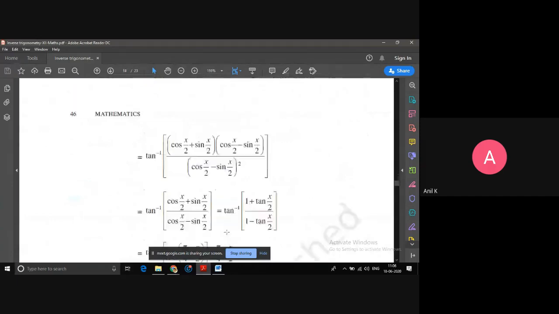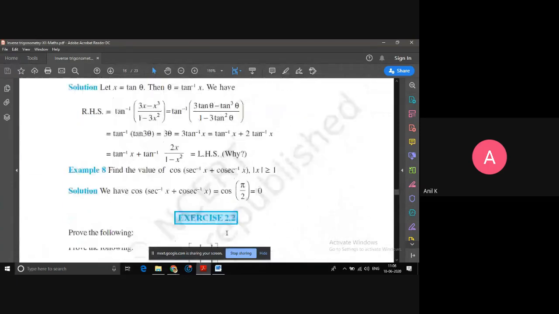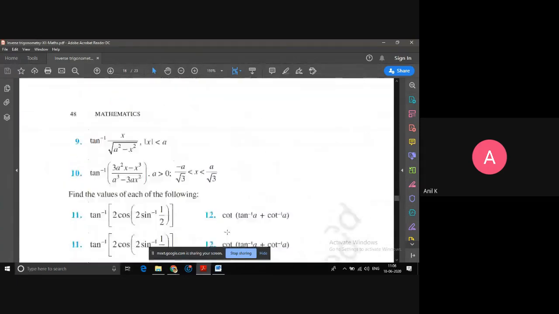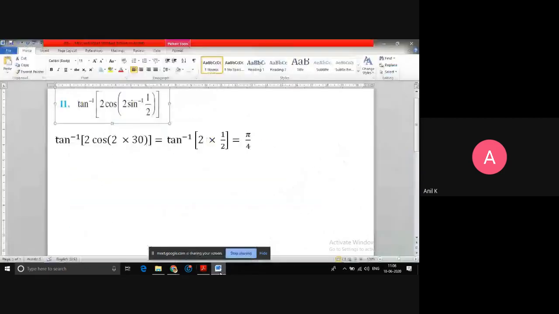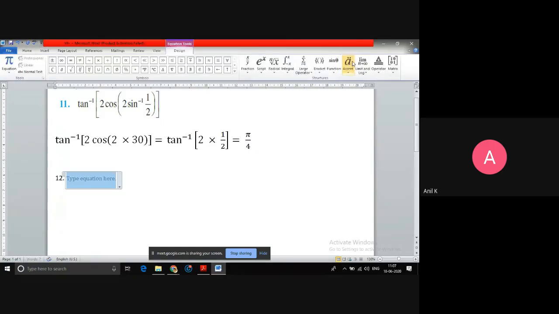So let me take question number 12. Where is this question number 12? Yeah, cot of tan inverse A plus cot inverse A. Let's see how you solve it. One way is you remember the formulas of tan inverse and cot inverse. Otherwise, you remember the formula of only tan inverse.